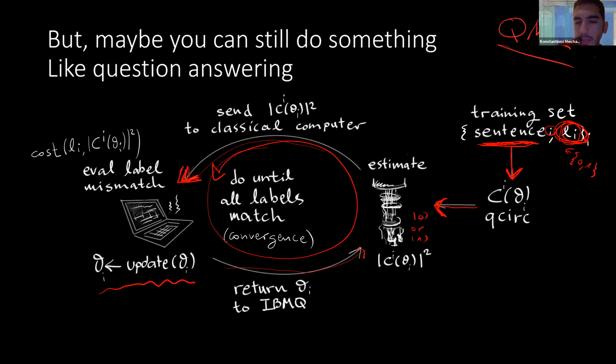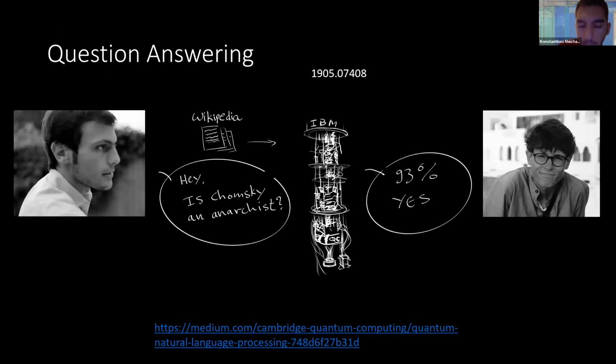And then the idea is that after you train, you create a new sentence, and this new sentence can be converted to a circuit. Maybe this sentence is like Chomsky is an anarchist, and if you measure the qubit with high probability, say 93%, then you know it's an affirmative.